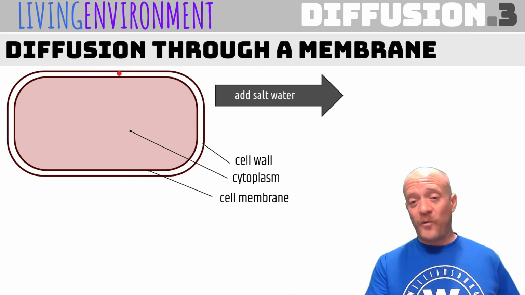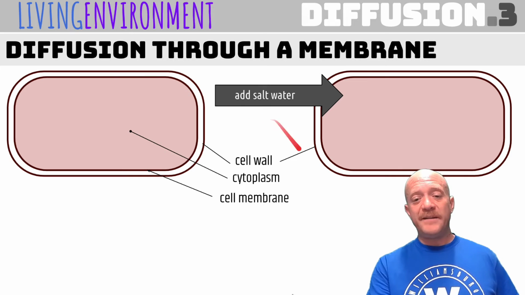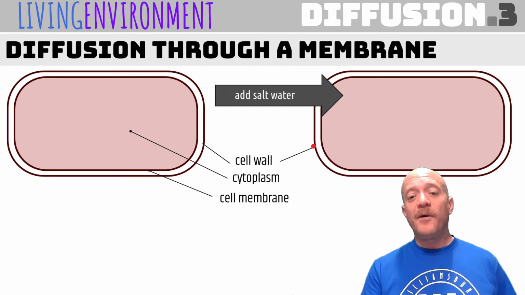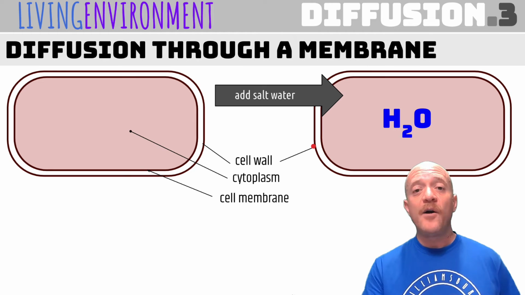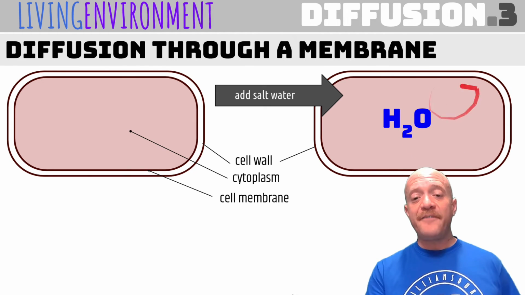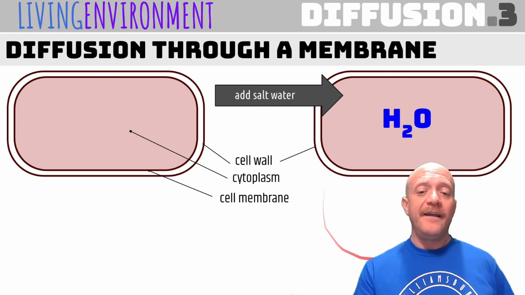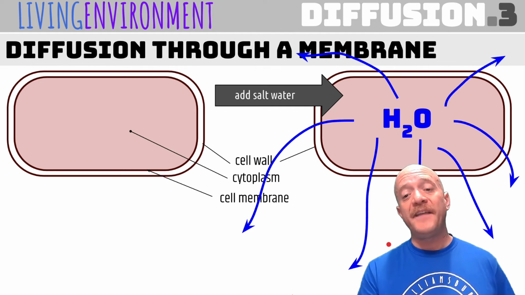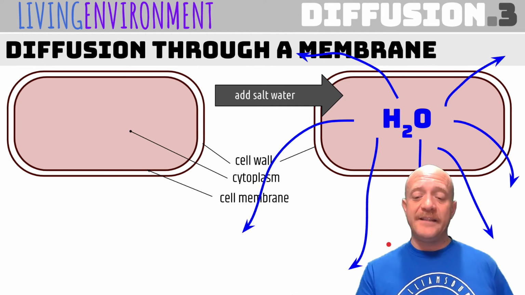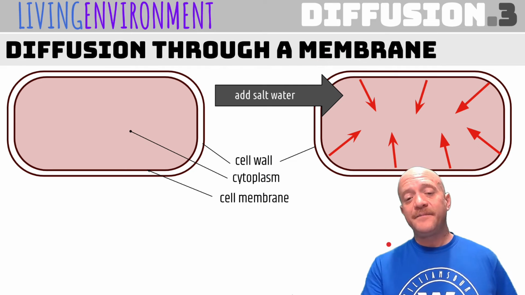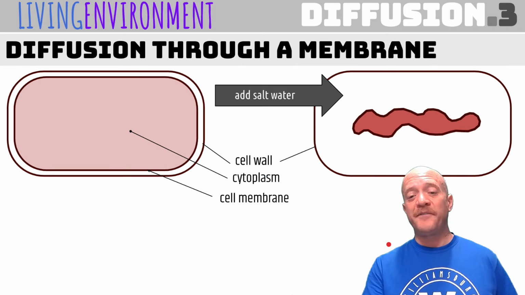Now, if you add salt water, what's going to happen is that the cell wall is going to keep this cell the same size. But the water inside wants to leave the cell. Remember, it's 95% water on the inside, and we had about 70% water on the outside. So that water is all going to leave. When that water leaves, the cell membrane is going to shrivel.